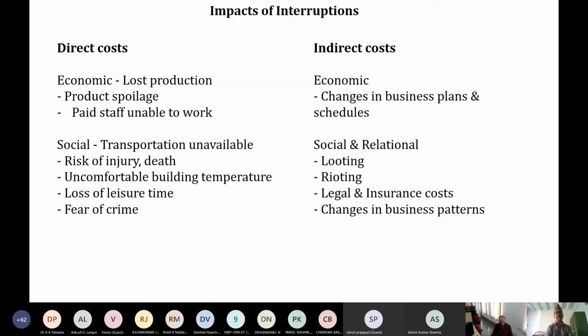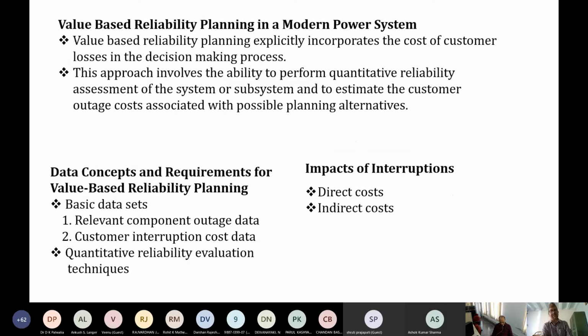This unscheduled outage has more cost compared to the scheduled outage. And we need quantitative reliability evaluation techniques, to know how to evaluate the reliability, and the impacts of interruption. There can be direct cost and there can be indirect cost.